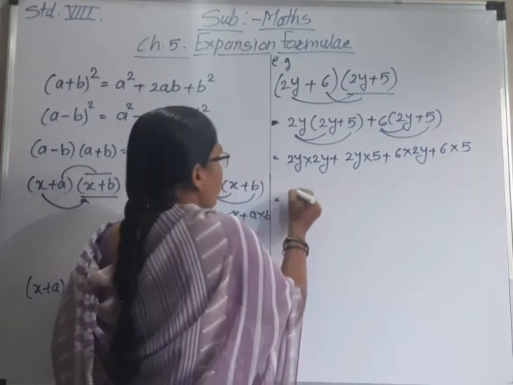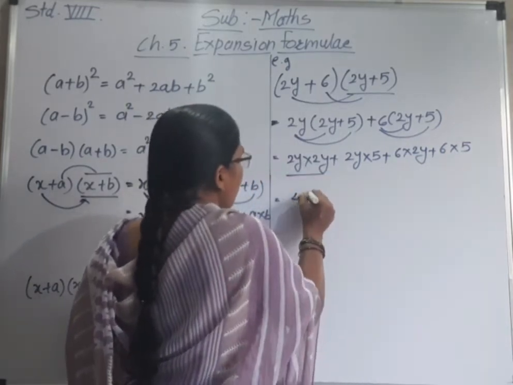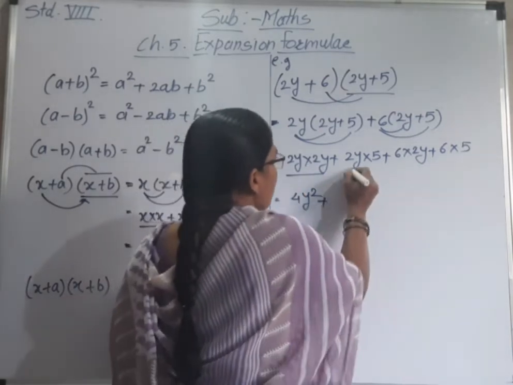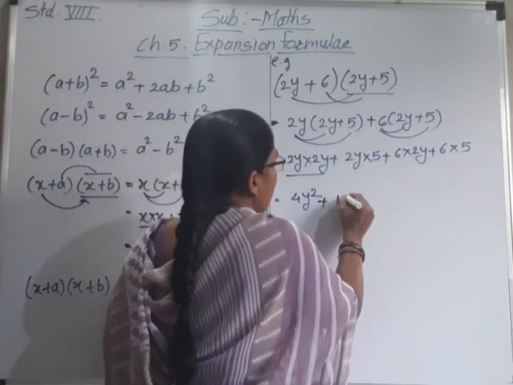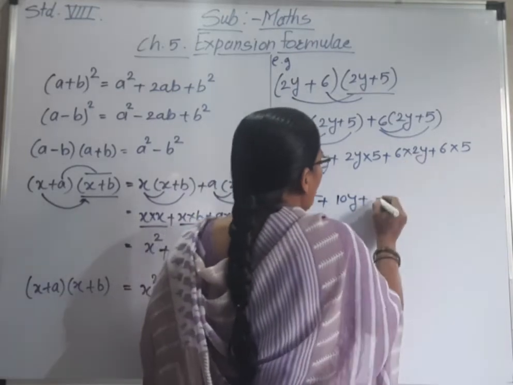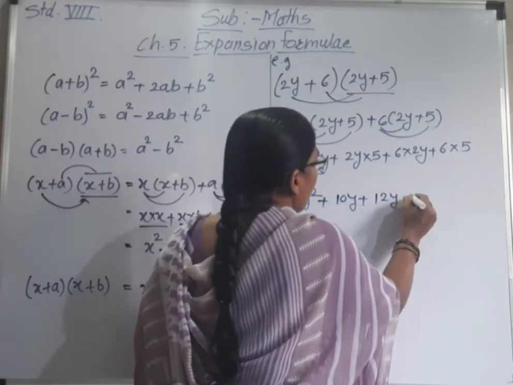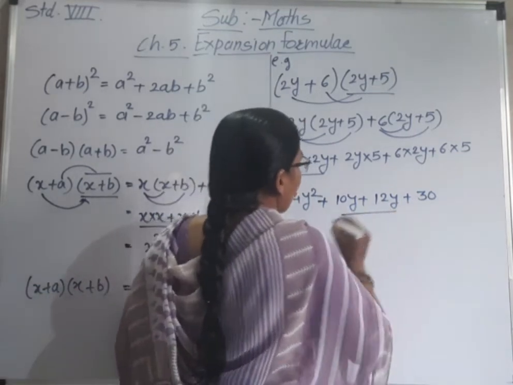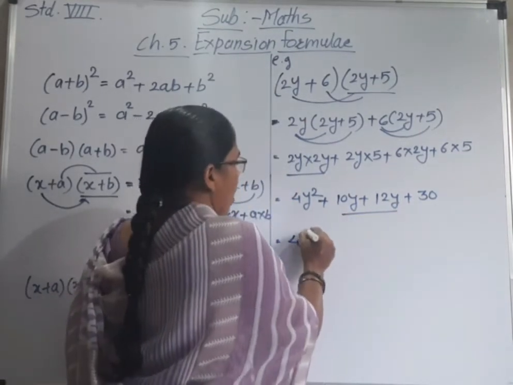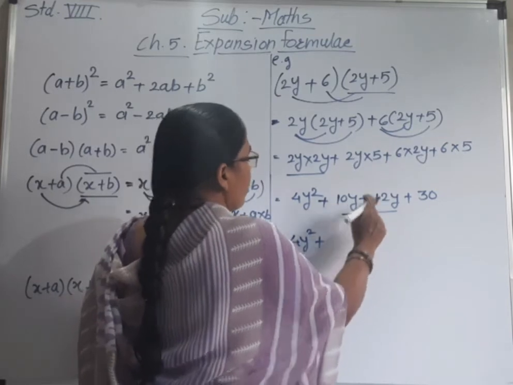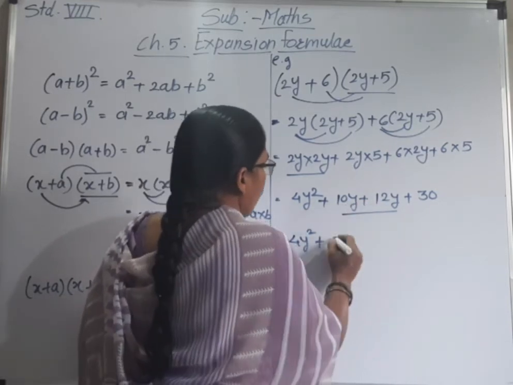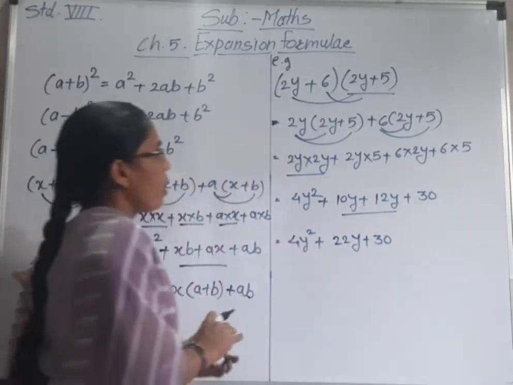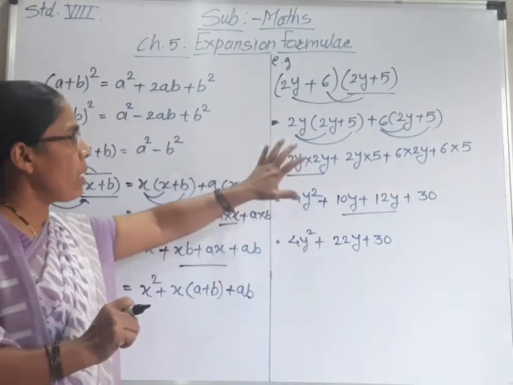Then it is equal to 2y into 2y, that is 4y square, since 2 into 2 is 4 and y into y is y square, plus 2y into 5, that is 10y, plus 6 into 2y, that is 12y, plus 30. Now here 4y square plus 10y plus 12y, it is 22y plus 30. Here we did the multiplication of each term.